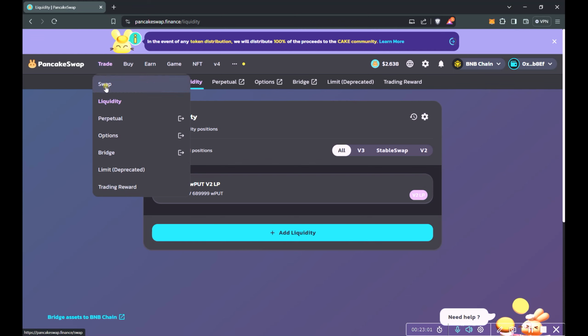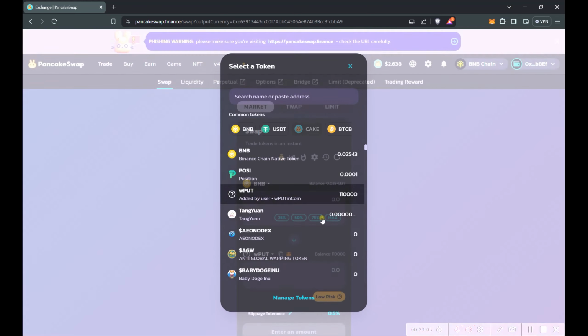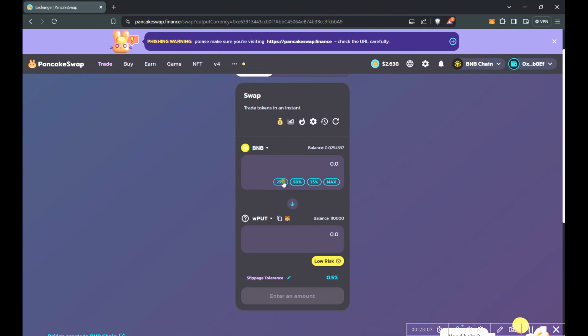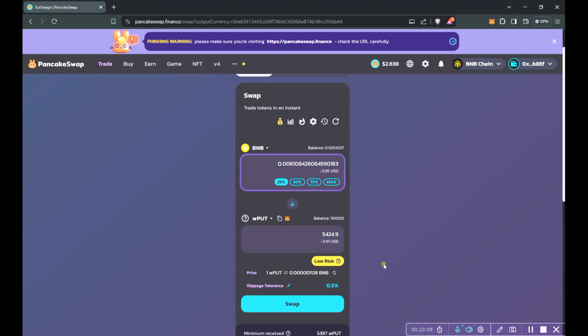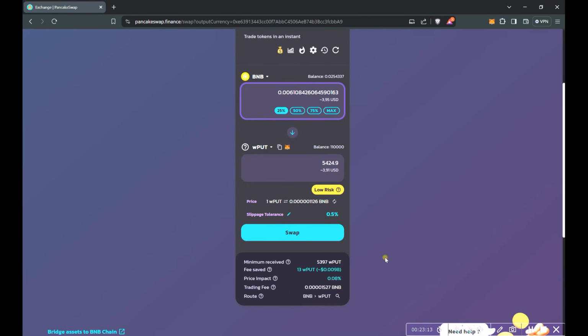When we go to swap and we make a trade, let's say we buy 5,000 Putin coins, so we have a trading fee of 0.000157 Binance coins.